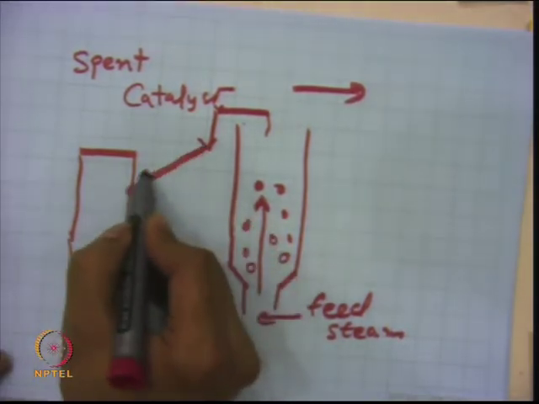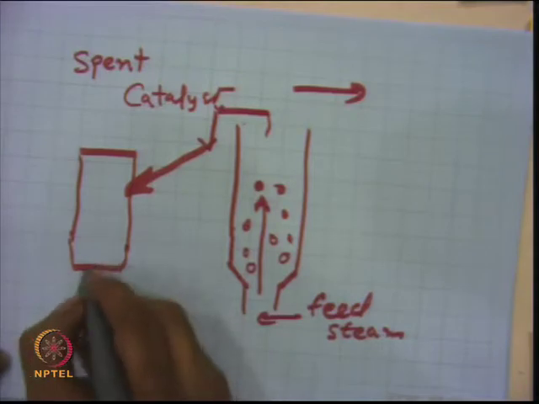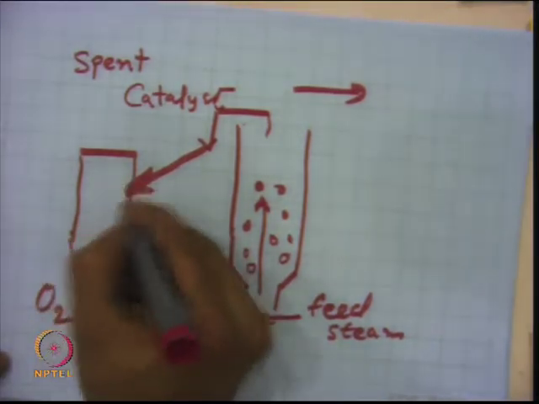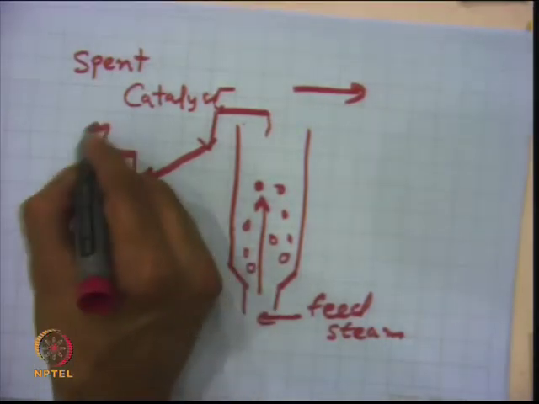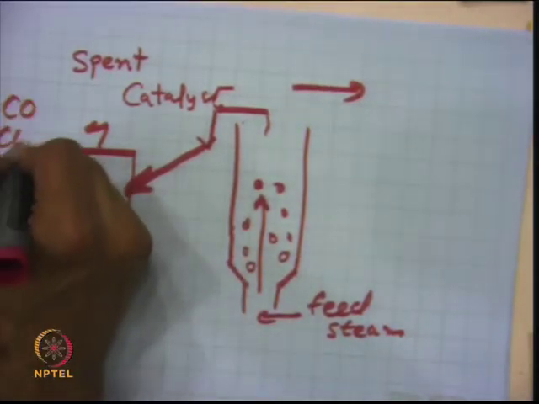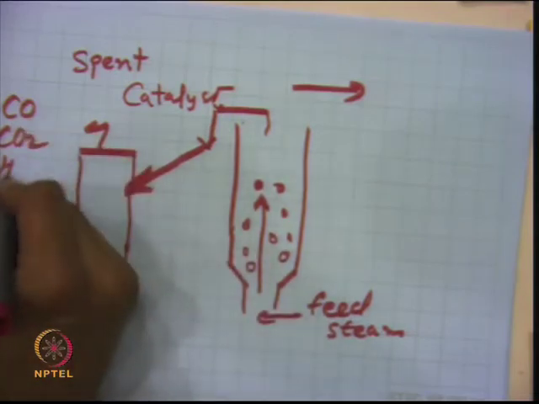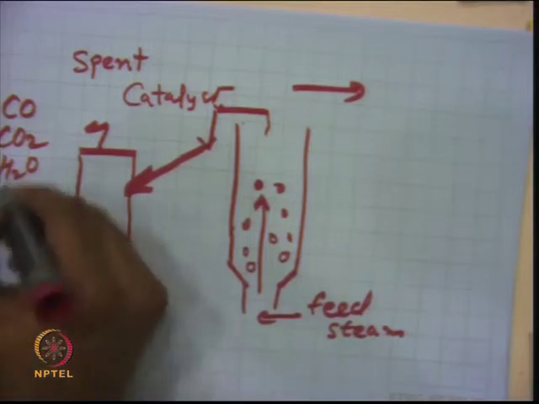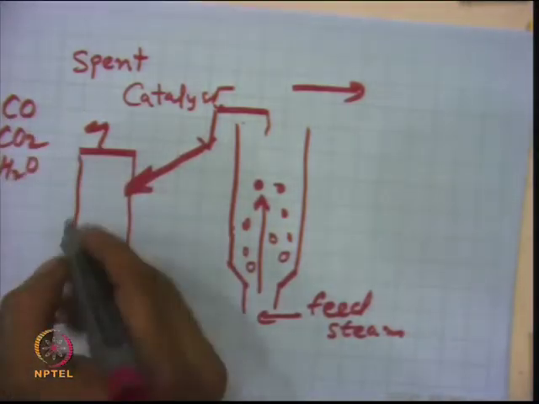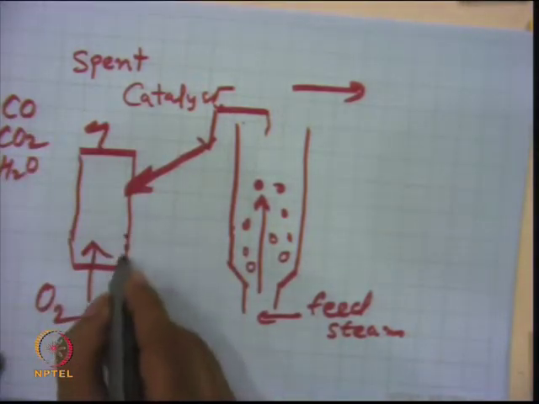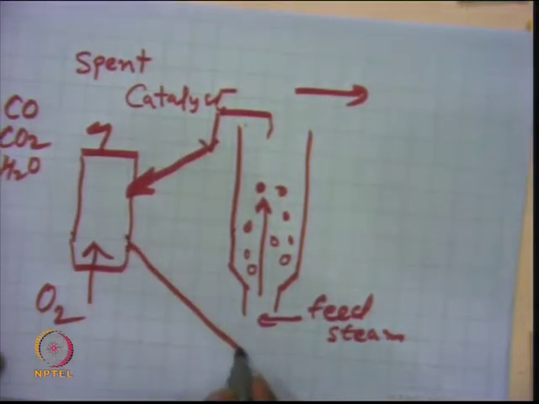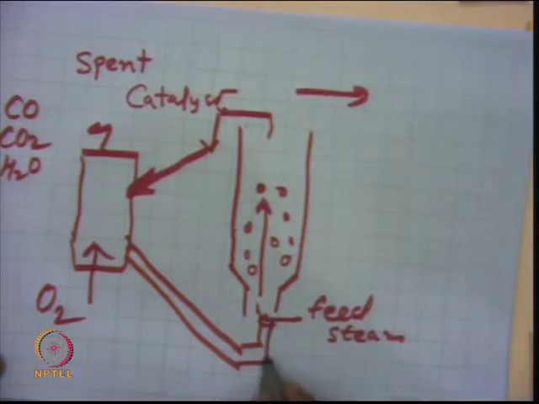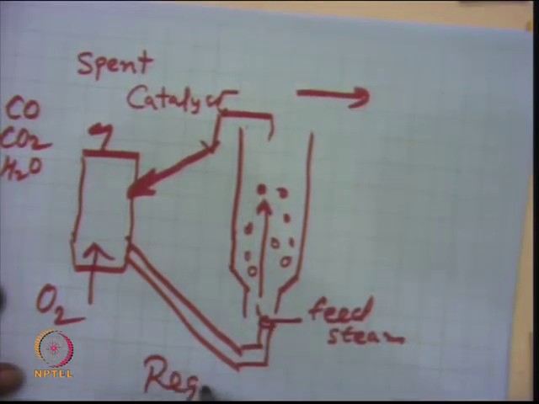Your catalyst comes continuously, and you pass oxygen from the bottom, and then your catalyst is regenerated and you get the flue gas. That is CO, CO2, and water, and nitrogen if you are using air. Then the regenerated catalyst is taken back into the reactor system. So, this is your regenerated catalyst.